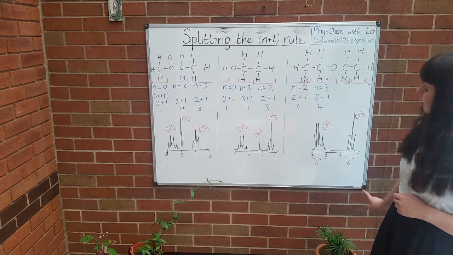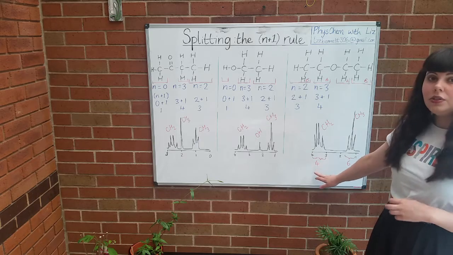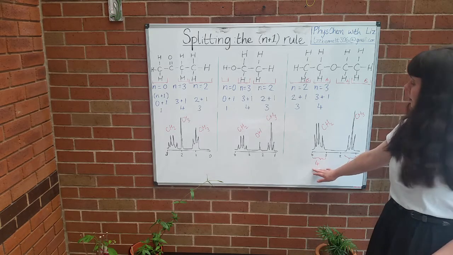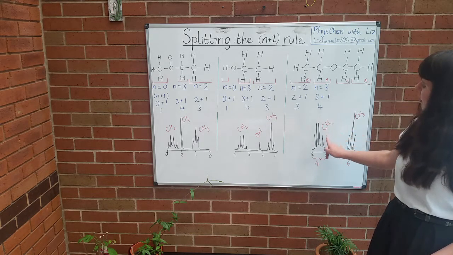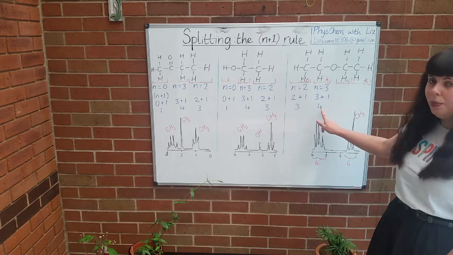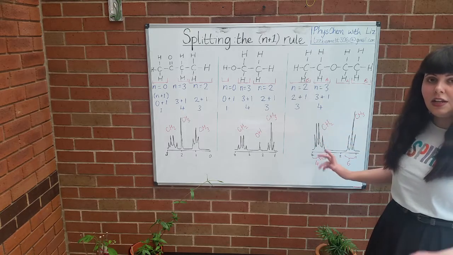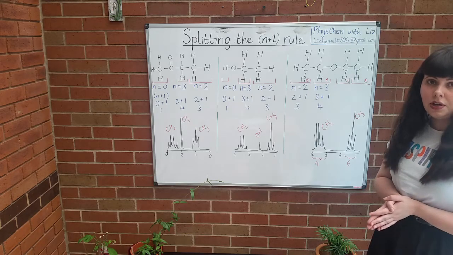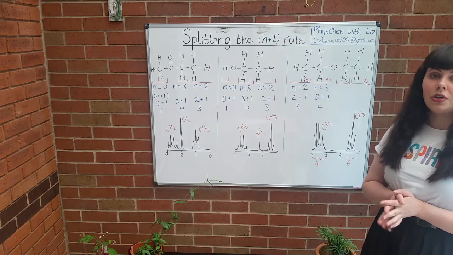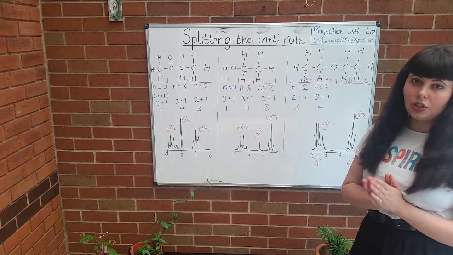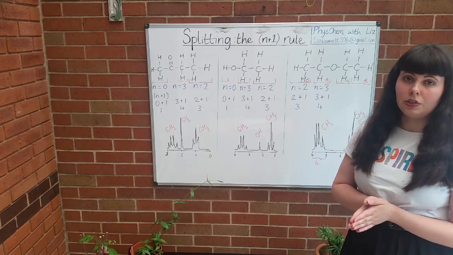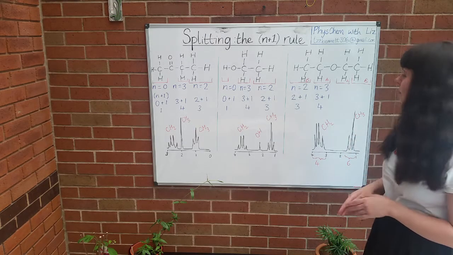In the exam, you might be given numbers underneath the spectrum, or you might be given a squiggly line and a number above some of the peaks. This is called integration, and it refers to the area under the curve, which is equal to the number of protons responsible for that signal.